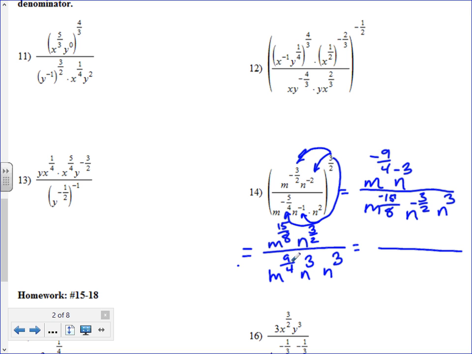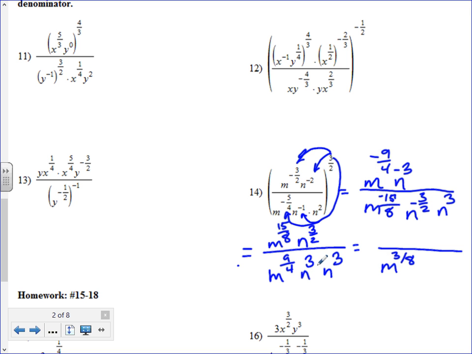So if 9 over 4 is bigger, what do we do? No. 9 over 4 minus 15 over 8. It should not be negative. If it's negative, that means you subtracted them in the wrong order. 9 over 4 should go first. Why? Because it's the bigger one. That's why we ask you which one is the bigger one.